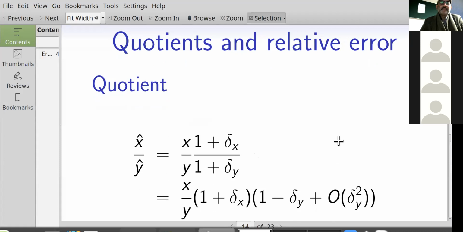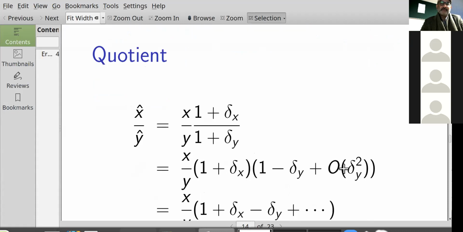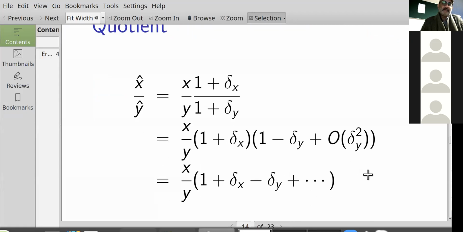Now, if I multiply out the terms in the round brackets, 1 plus delta x times 1 minus delta y plus higher order terms, the whole thing would work out as x over y, that's the value that we want, times 1 plus delta x minus delta y, and so on.